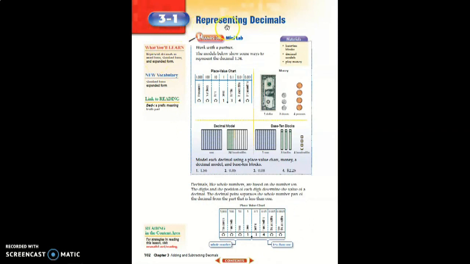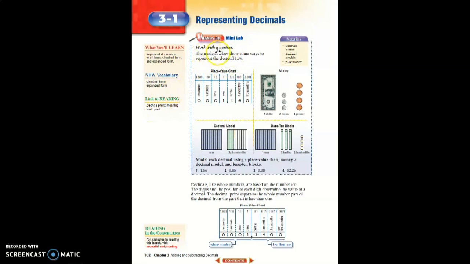3.1. Representing decimals. Hands-on mini lab. What you will learn: represent decimals in word form, standard form, and expanded form. New vocabulary: standard form, expanded form. Link to reading decimals.